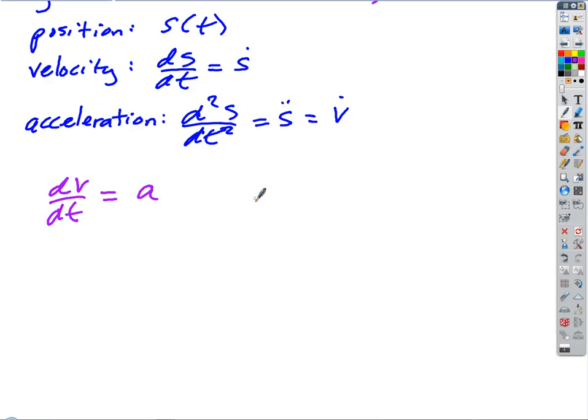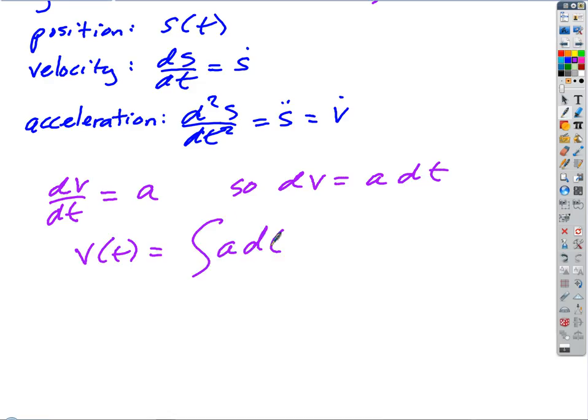I could write it in differential form if I wanted to, right? So dv equals what? Yeah, a dt. If I anti-differentiate both sides, wouldn't I just get v equals the integral of a dt? But we said a is a constant, right? So I could even pull that out of the integral.